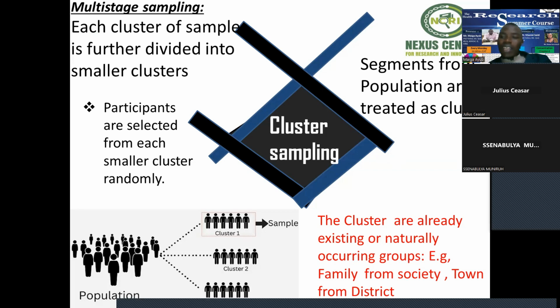And after that, you can even randomize the participants in those clusters also. So you're trying to show in your study that you're trying to eliminate sampling bias and selection bias. Remember, if I say the study is biased, it means there are some procedures that you actually didn't follow.